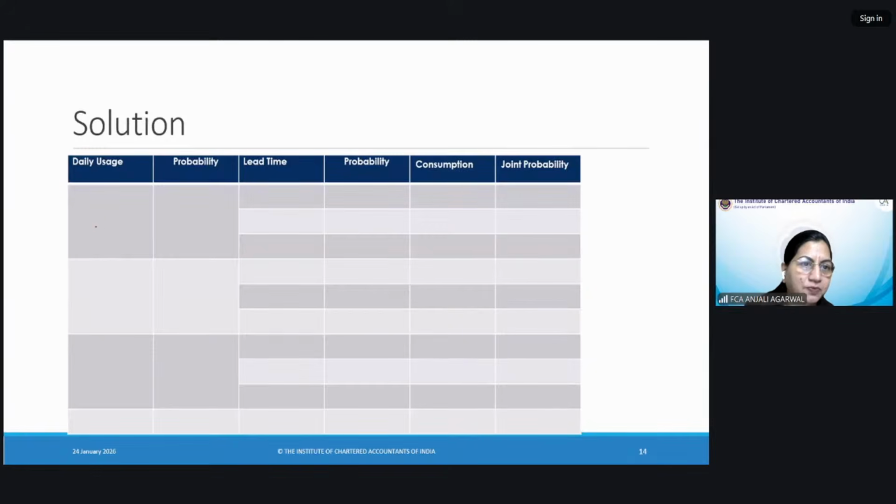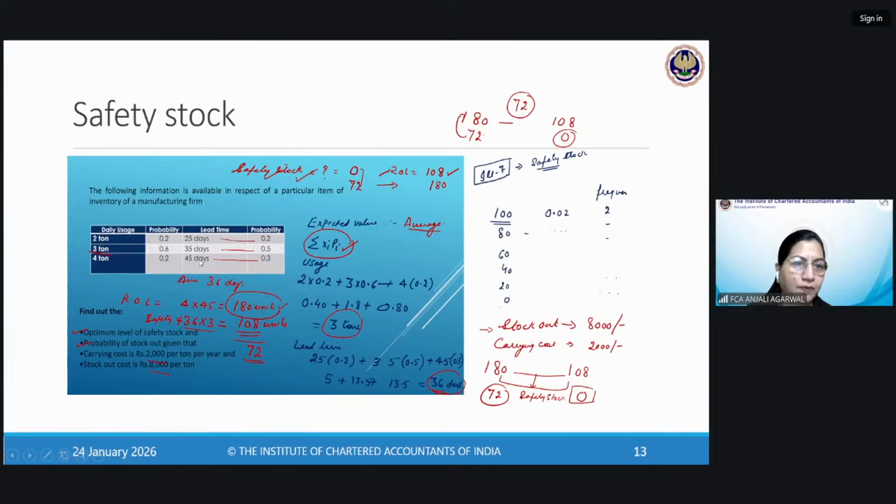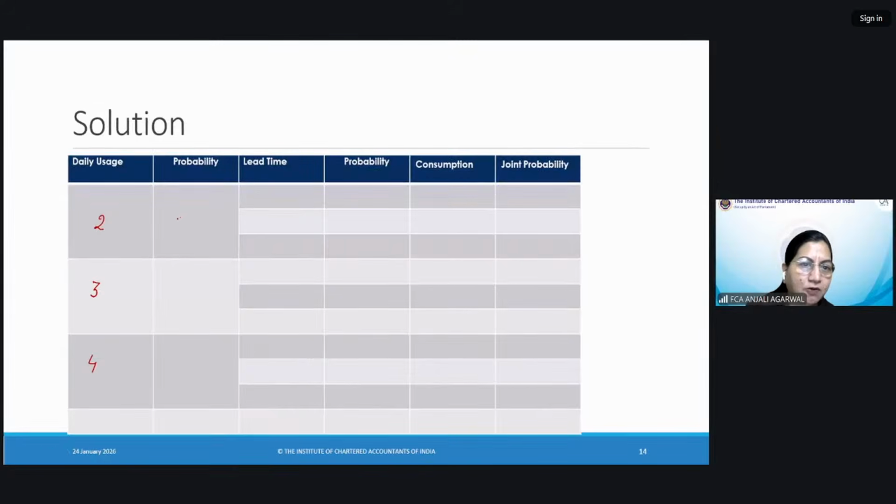Your daily usage could be 2 tons, 3 tons or 4 tons, right? 2, 3, 4 with the probability of 0.2, 0.6 and 0.2. Now with 2 tons usage, lead time could be 25 days also, 35 days also, and 45 days also. This has a probability of 0.2, 0.5, and 0.3.